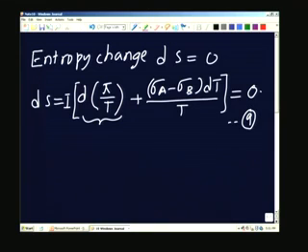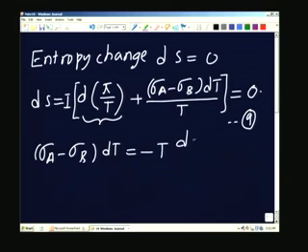From here, you notice that (sigma a minus sigma b) dt is equal to minus T d of (pi by T). I will put this into the earlier equation, which related the Seebeck EMF to the Peltier and the Thomson EMFs.